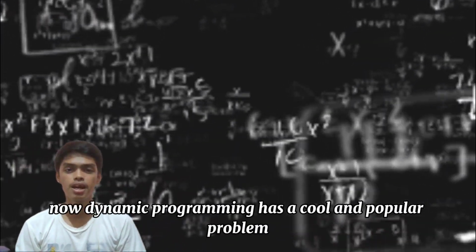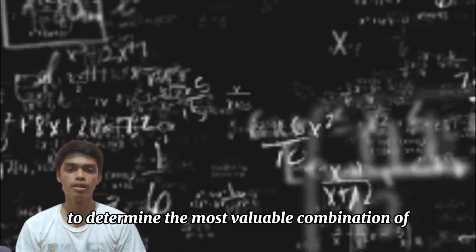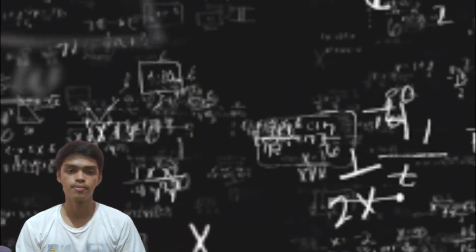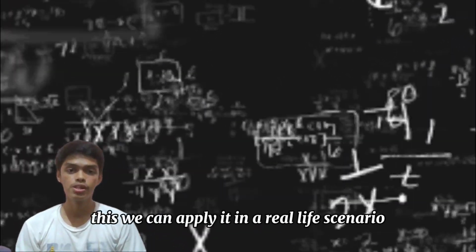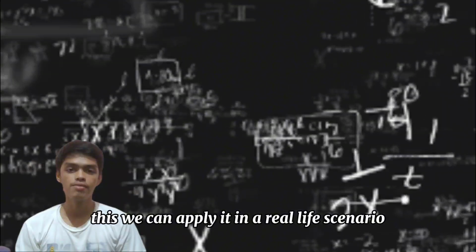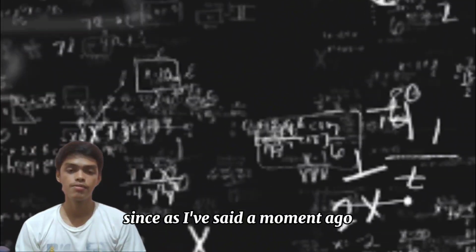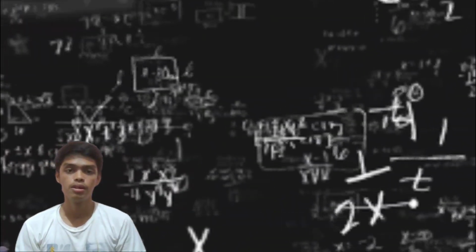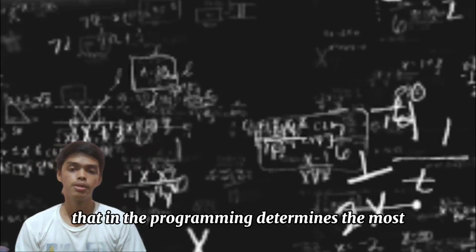Now, dynamic programming has a cool and popular problem with a goal to determine the most valuable combination of items to include in a knapsack without exceeding its weight capacity. With this, we can apply it in a real-life scenario.